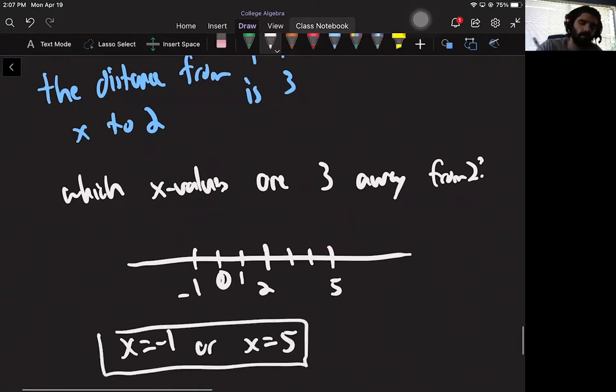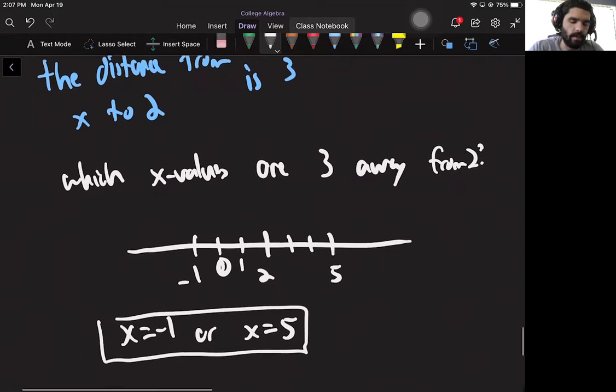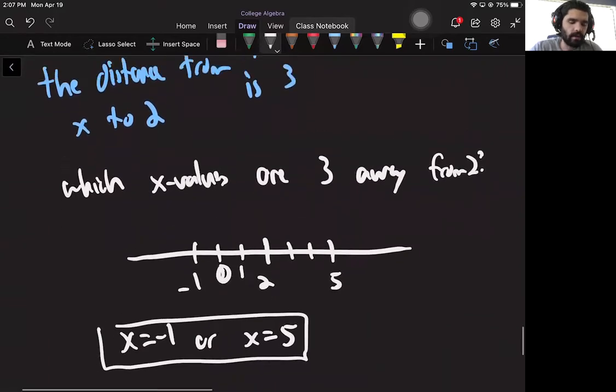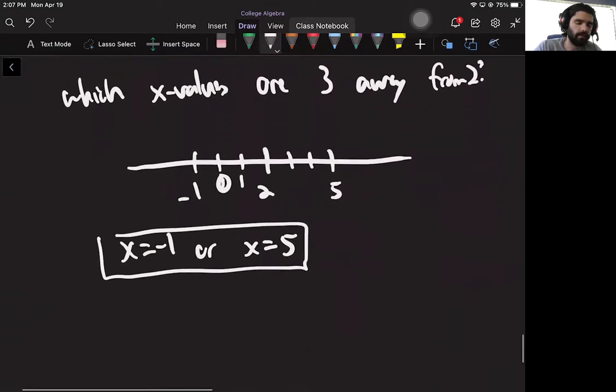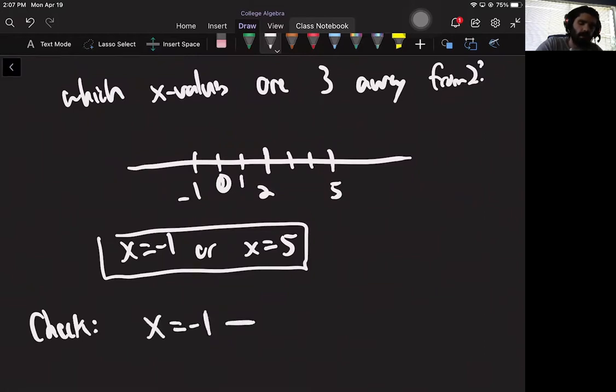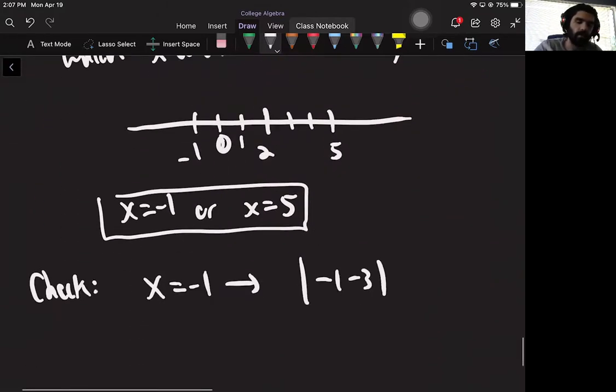Those are the only two that are 3 away from 2. And in fact, if I plug in x equals negative 1 or x equals 5 into this equation, I can check that it works. You don't have to do this once you're very confident in yourself, but let's see it. So if I plug in negative 1, is this one? Nope, sorry, that was supposed to be a 2, typo.